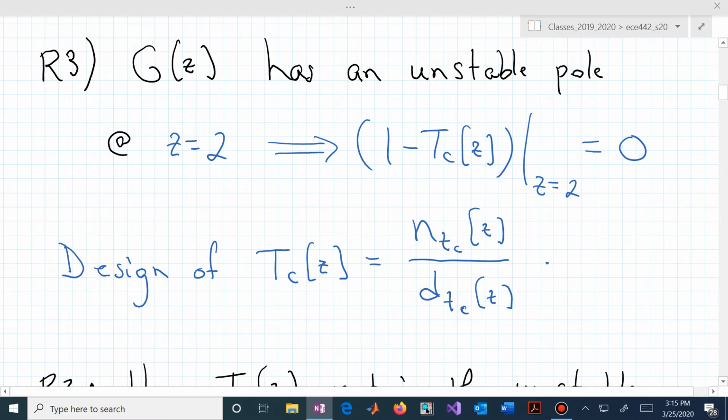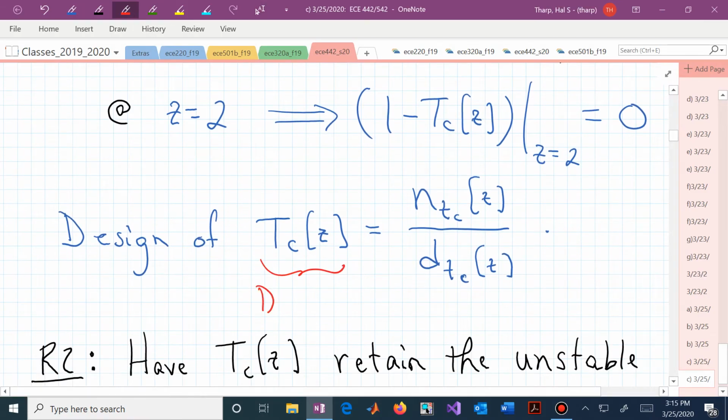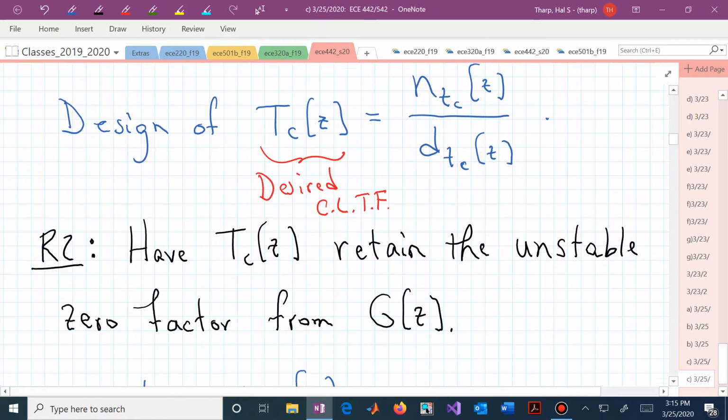Remember, this is our desired closed loop transfer function. And we already know that the numerator of T sub C of Z has a particular piece to it. We haven't yet filled out the pieces, and we haven't yet decided what we want our closed loop poles to be for our desired closed loop transfer function.